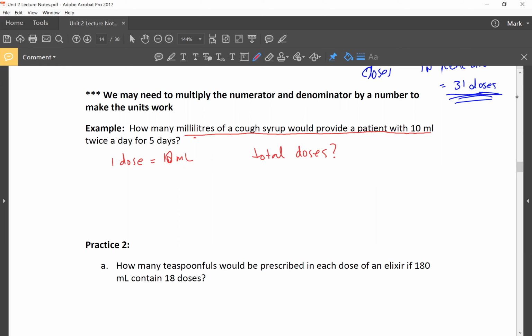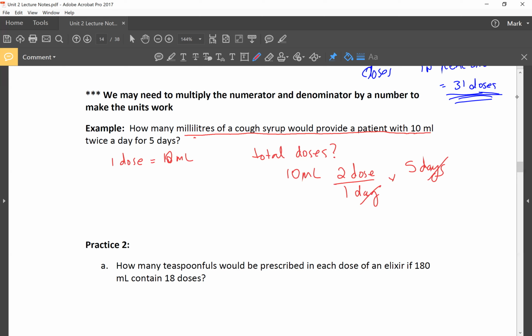So 10 milliliters, and we're taking it 2 times per day. 2 times, 2 doses per 1 day, and we're taking it for 5 days.